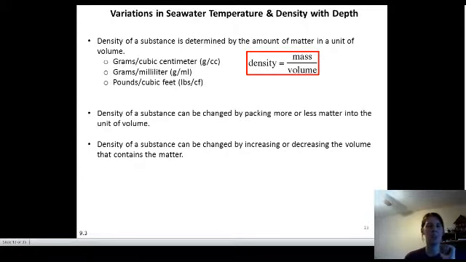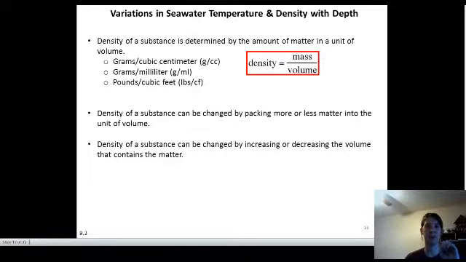So when we talk about the density of ocean water, the density of a substance is determined by the amount of matter in a unit of volume. Common units for density are grams per cubic centimeter, grams per milliliter, or pounds per cubic foot. Density is just mass divided by volume.